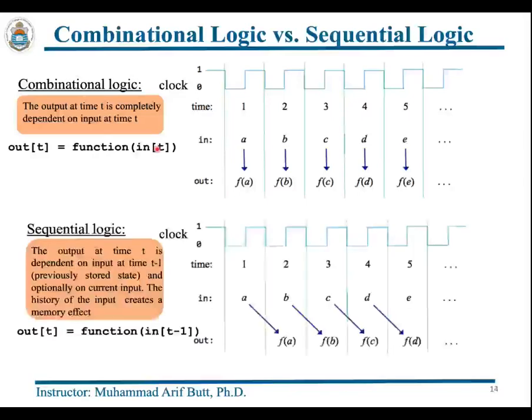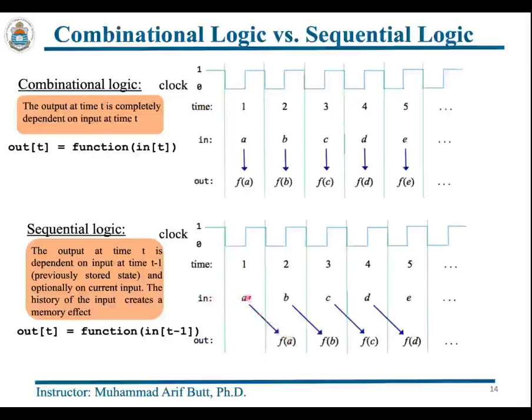Well, the sequential circuit is a bit different. The output of a sequential circuit at time t depends on the input at time t minus 1, which is normally called the state, and optionally maybe on the current input as well. Let me describe this using this signal diagram now. At time 2, the output depends on the input at time 1.